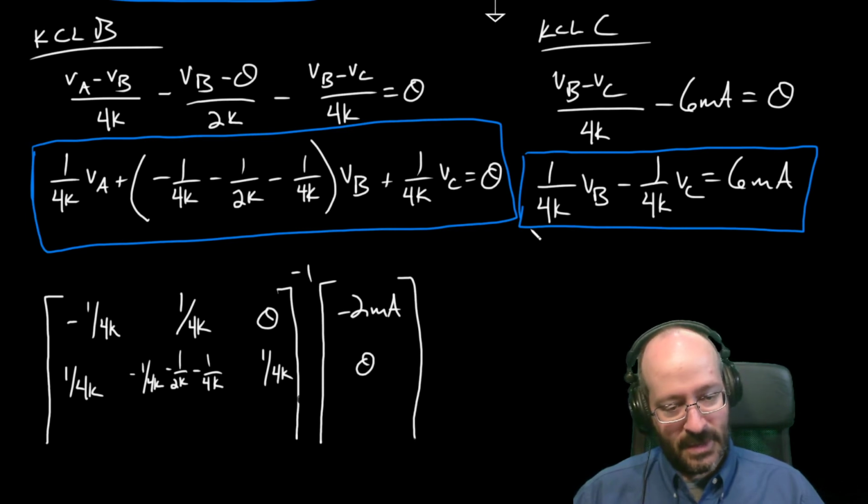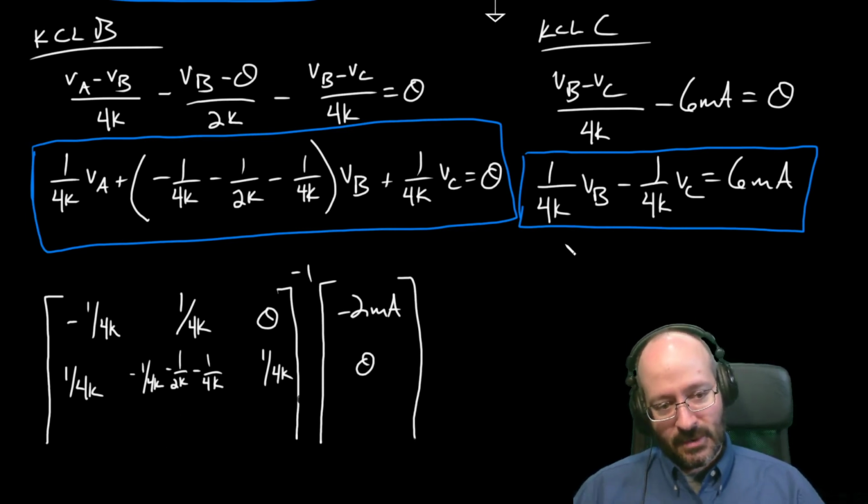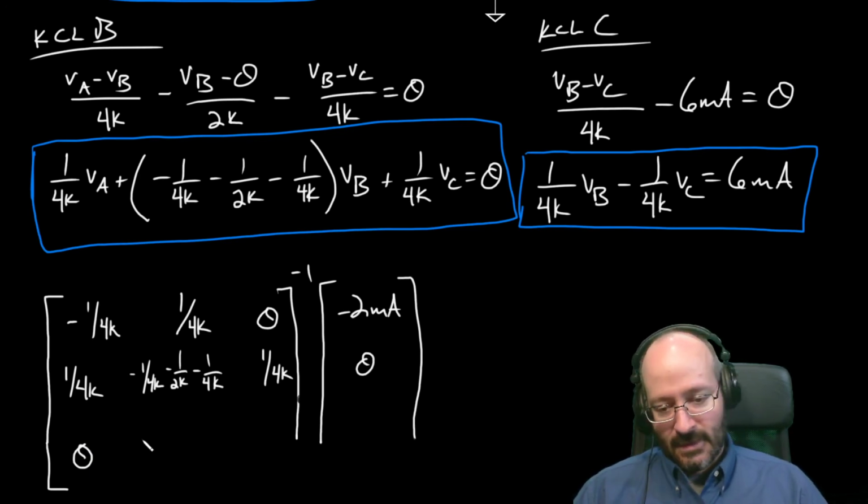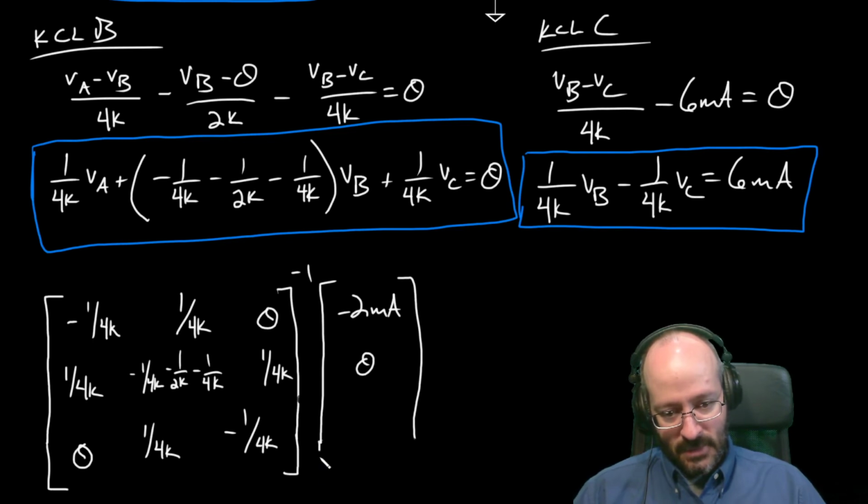Right hand side is 0 for that one. Last one, what's the coefficient of VA? It's not there. Be really careful with that. That's an easy way to screw up your analysis. And we get 1 over 4K and negative 1 over 4K. Okay. Right hand side is 6 milliamps.